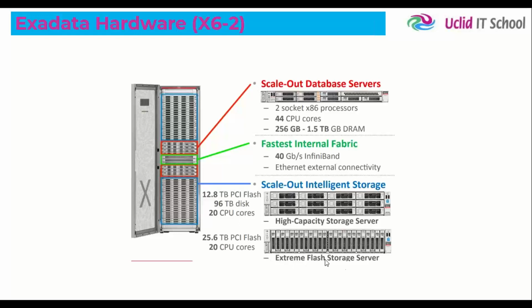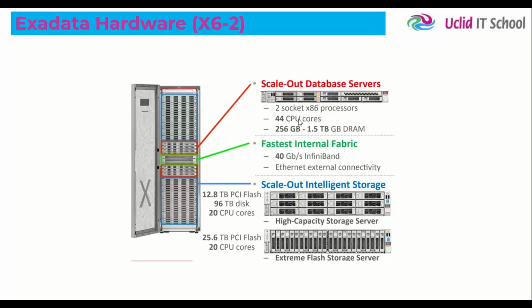Whereas if you purchase extreme flash storage server, there is no hard disk storage. You have only flash. That too, double the amount of flash that was there in the high capacity: 25.6 terabyte and 20 CPU cores. This is per server. Similarly, the networking fabric, 40 Gb per second InfiniBand network, is included. So these are the hardware details in X6-2 hardware.